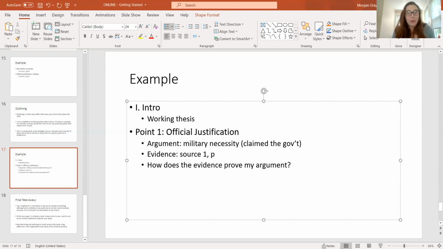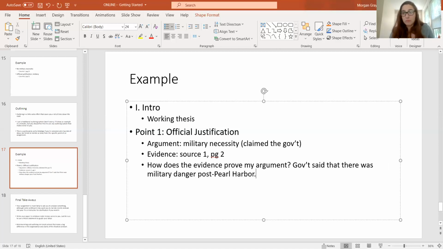Source 1, page 2. How does the evidence prove my argument? The government said that there was military danger post Pearl Harbor. That's all I have to say, right?